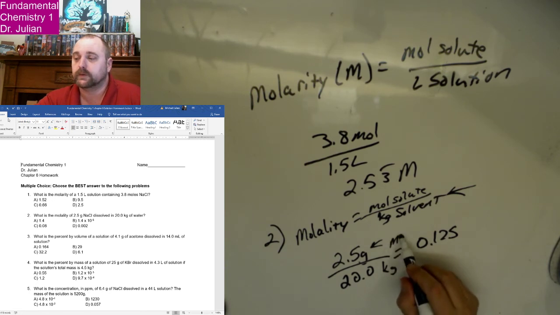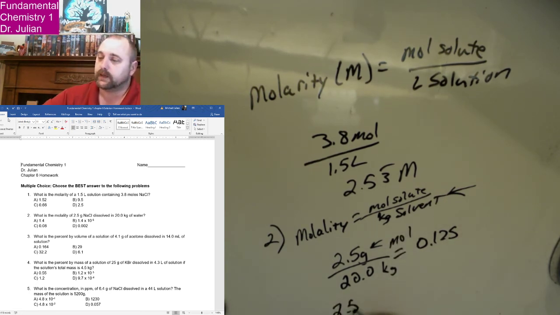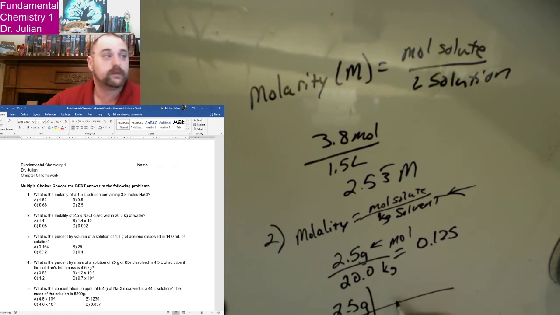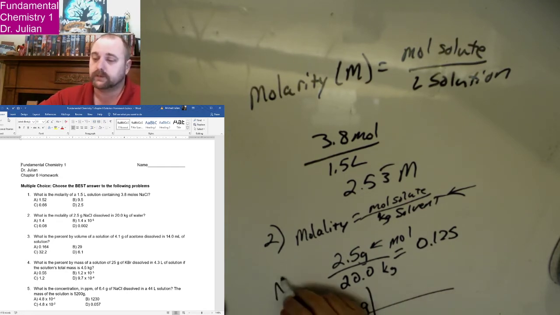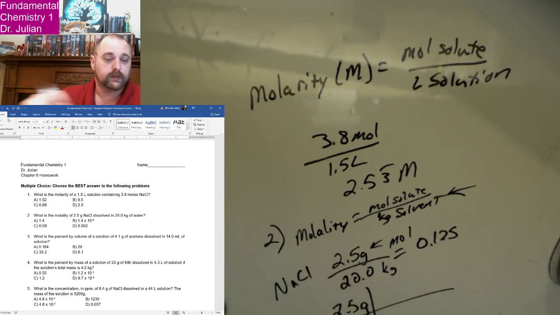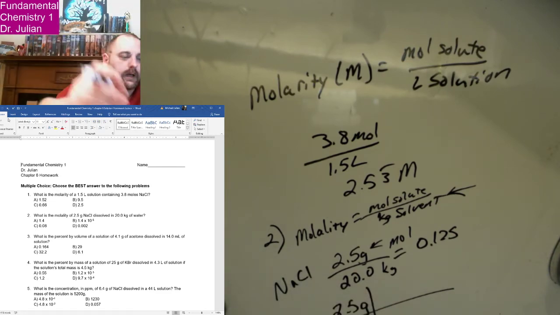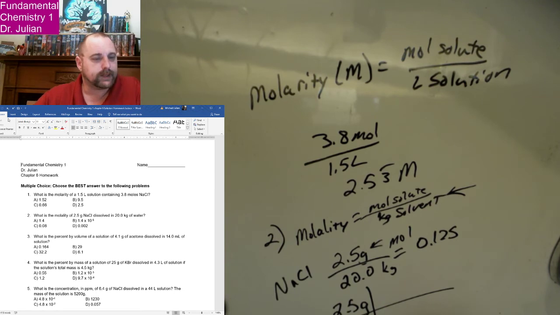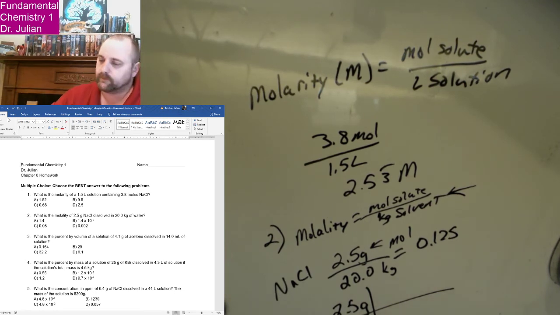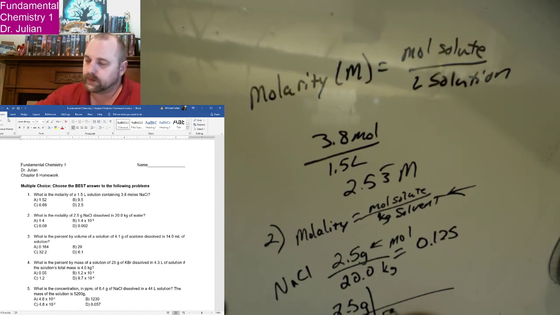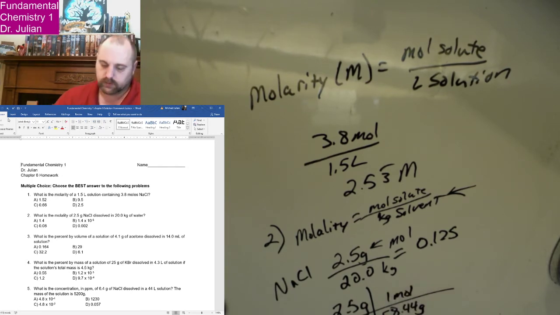So let's go 2.5 grams, and this was NaCl. I'm going to take 22.99 plus 35.45, and we'll have 58.44 grams for 1 mole.